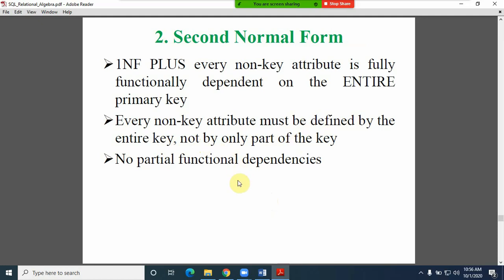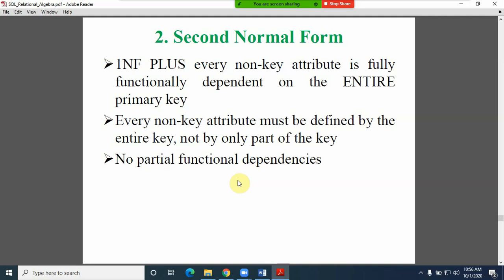Maybe the composite key has a group of keys, some one or two keys or two or three keys, and if I am taking any dependency between a key and a non-key, that particular non-key should completely depend on the twice or thrice whatever keys we are having in that particular determinant.